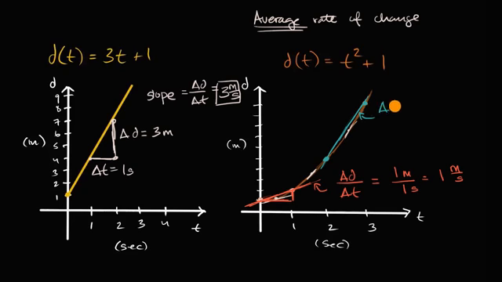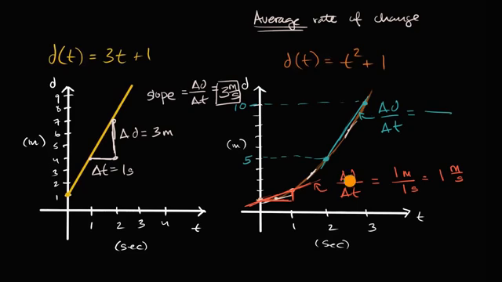And so that's going to be our change in distance over our change in time, which is going to be equal to, when t is equal to 2, our distance is equal to 5. So 1, 2, 3, 4, 5. So that's 5 right over there. And when t is equal to 3, our distance is equal to 10. 6, 7, 8, 9, 10. So that is 10 right over there.